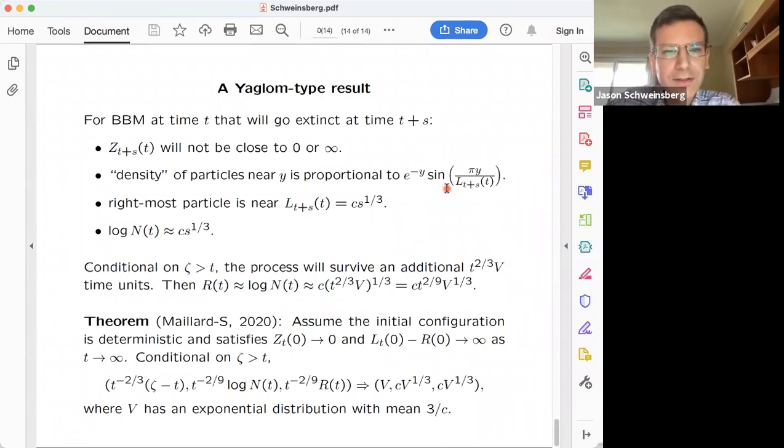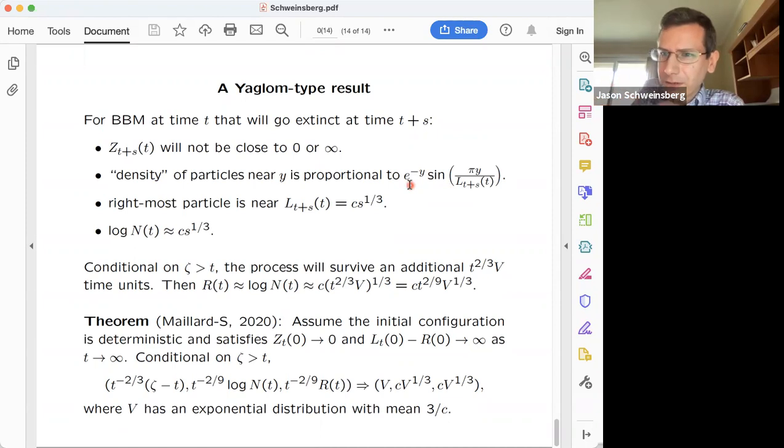Yes. So what one can do is put a unit mass at the location of every particle, and then consider that as a random measure. If you normalize by the total number of particles, then you do get a limit, and basically the limit density that you're going to see is proportional to y times e to the minus y. So most of the particles are clustered close to the origin.